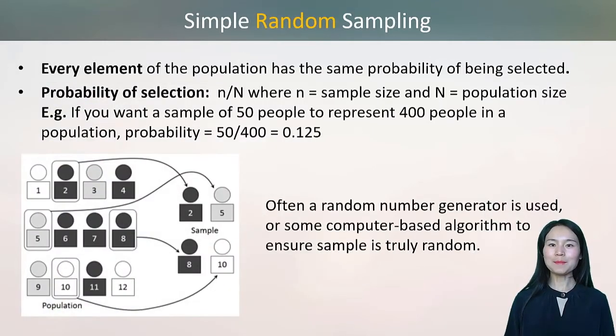A common sampling method is simple random sampling. In this method, every element of the population has the same probability of being selected.